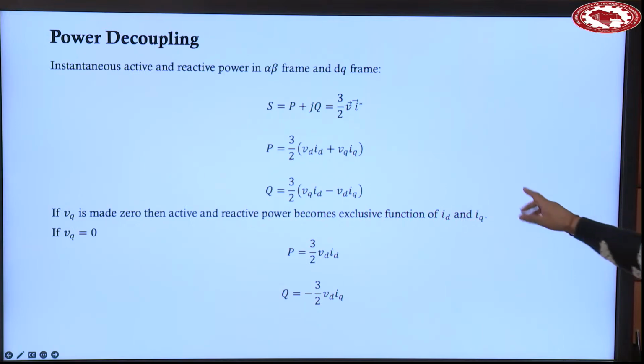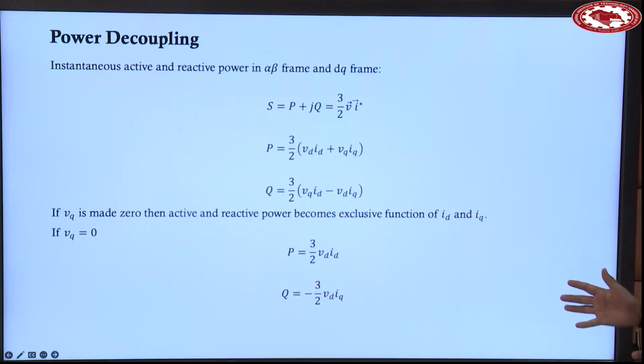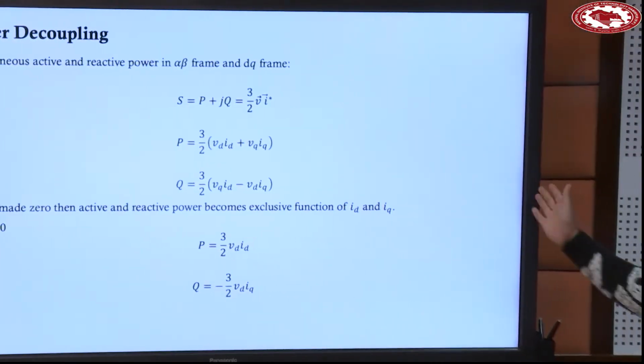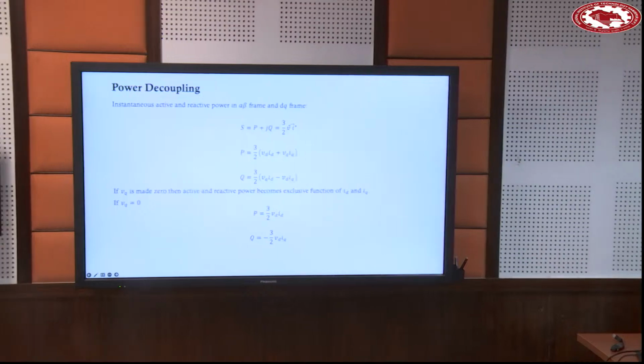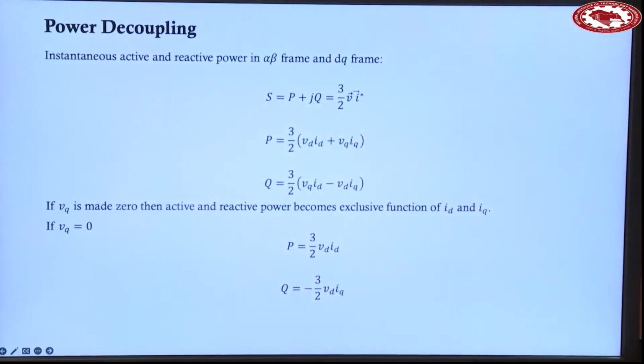VD, VQ will form a 2 by 2 matrix, then ID, IQ, and here PQ. If you take the inverse of that matrix, then ID, IQ can be calculated from PQ utilizing this VD matrix. The same I tried to write in this.